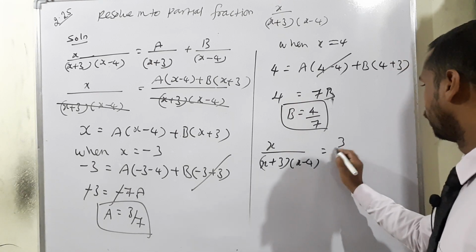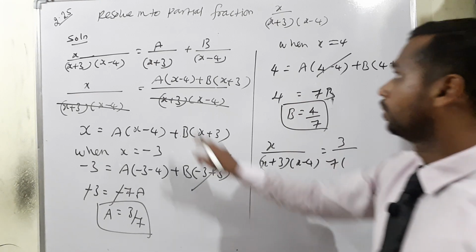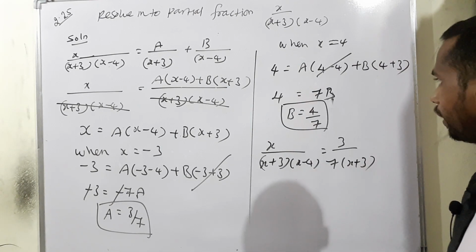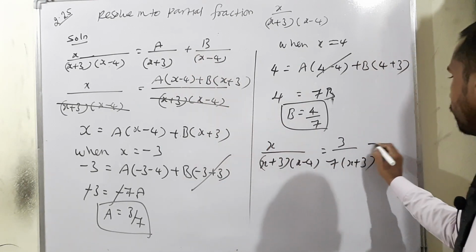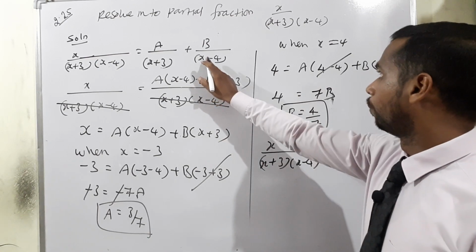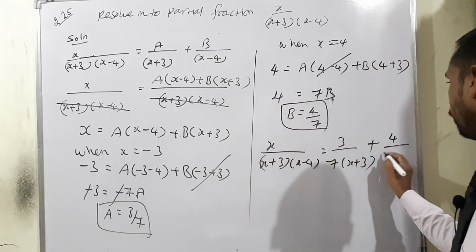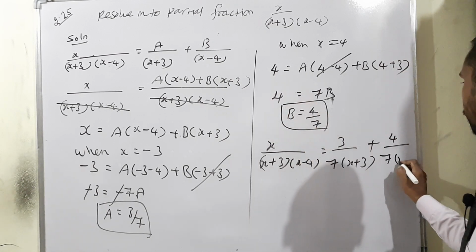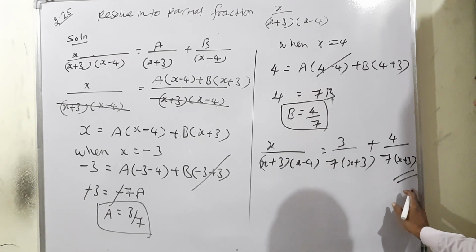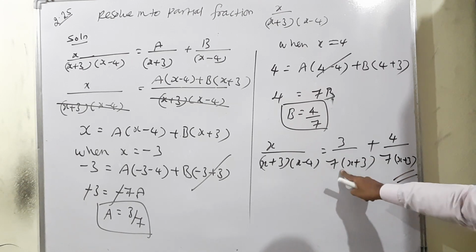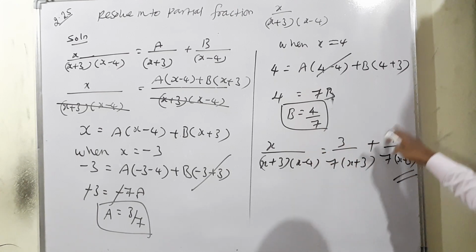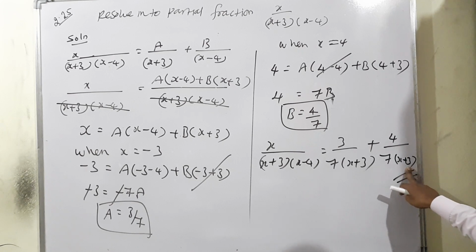Therefore, 3 divided by 7 into x plus 3, next plus b, plus b means 4 by 7 into x plus 3. So we can also write it with denominator 7. 1 by 7 take common outside, then 3 by x plus 3 plus 4 by x plus 3. This is also an answer.